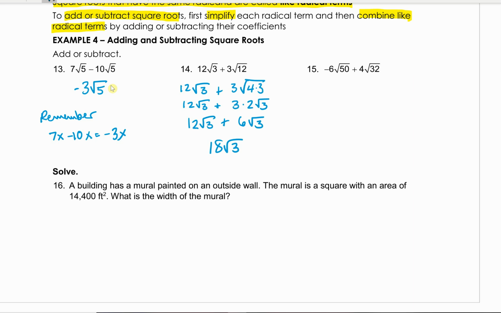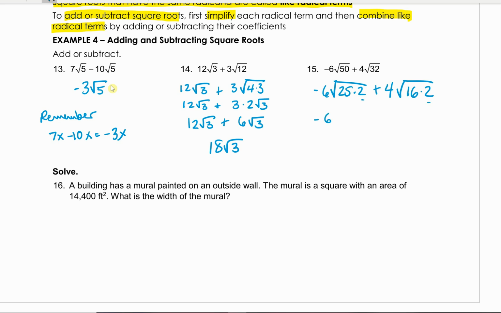So we're going to have to do this for some of these. Try to simplify and see what happens. Number 6, negative 6 times the square root of 50, which is 25 times 2. And then we get plus 4 times the square root of 32, which is 16 times 2. So notice we've got 2 here and here. That's important.